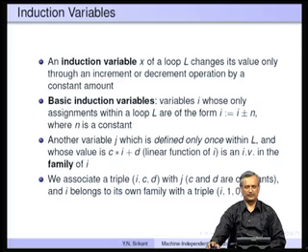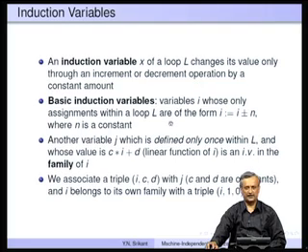So, an induction variable is actually related to a loop. Essentially the counter values in a loop are induction variables. The other variables which are dependent on the loop variables are also induction variables, provided they satisfy certain conditions. The basic requirement is the value only changes through an increment or decrement operation by a constant amount.